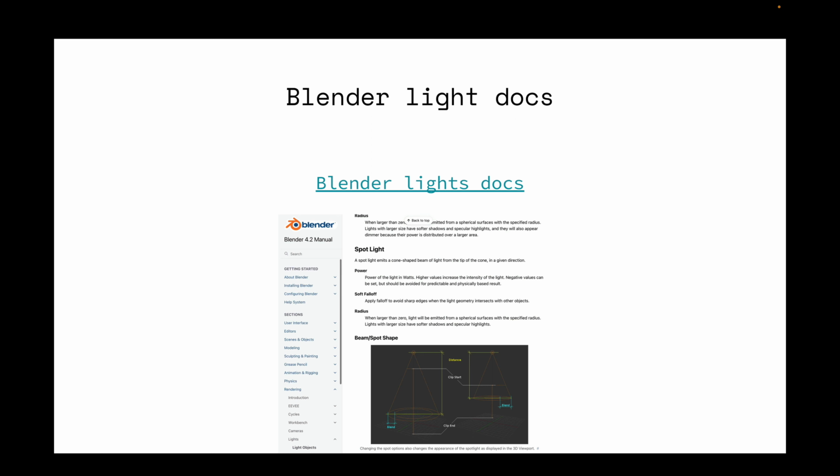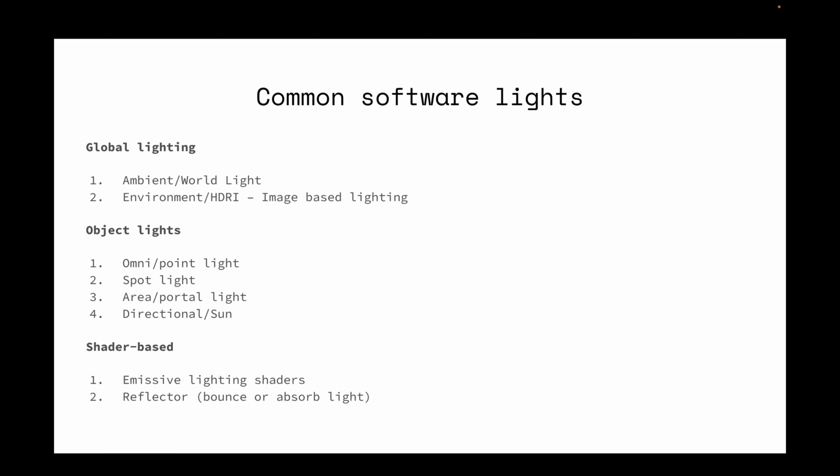Now let's talk about lighting. Here's a link to the Blender documentation on lights. Let's talk about some common lighting tools found in 3D software. The first is global lighting, and this can refer to something like ambient or world light, or environment or HDRI lighting. HDRI lighting is a high dynamic range type of file format, and this can help you get the most photorealistic result.